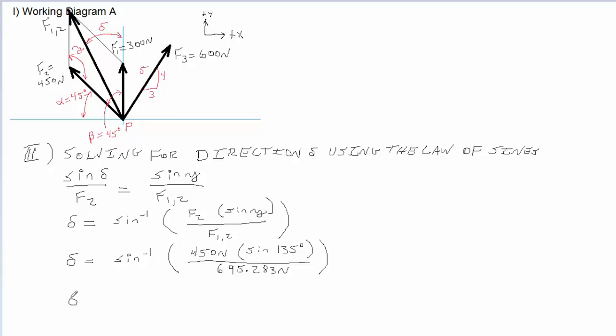And when we do that equation, we find that delta equals 27.2357 degrees. Once again, we underline it 3 times.